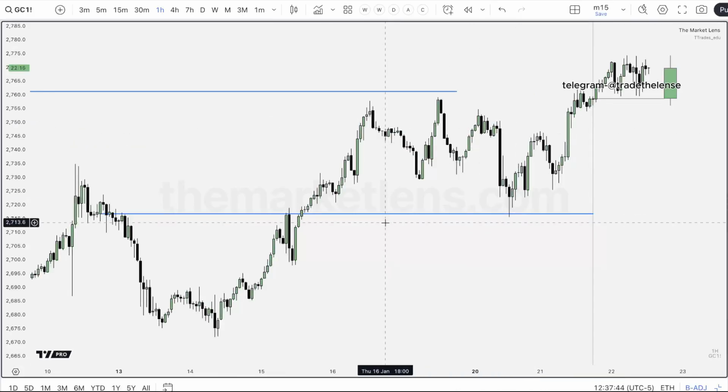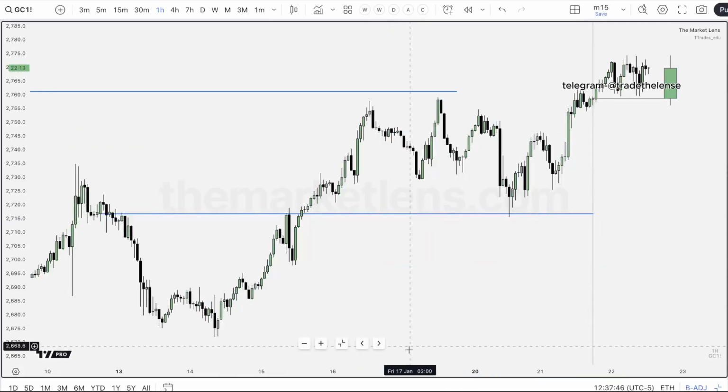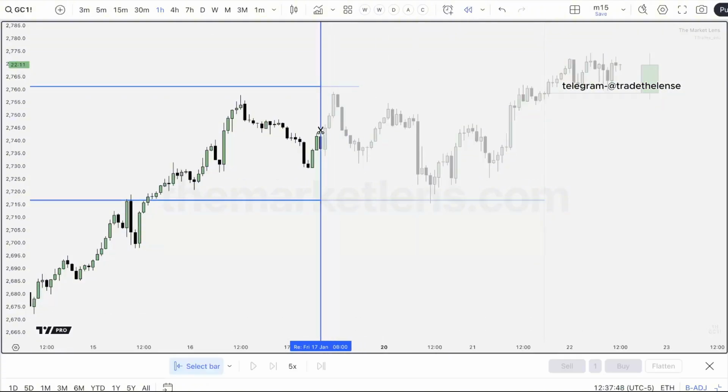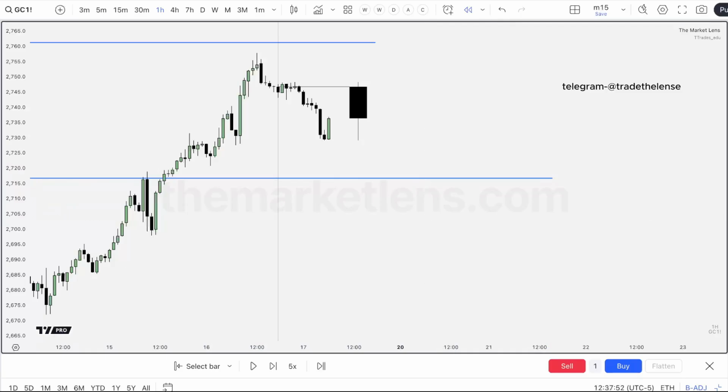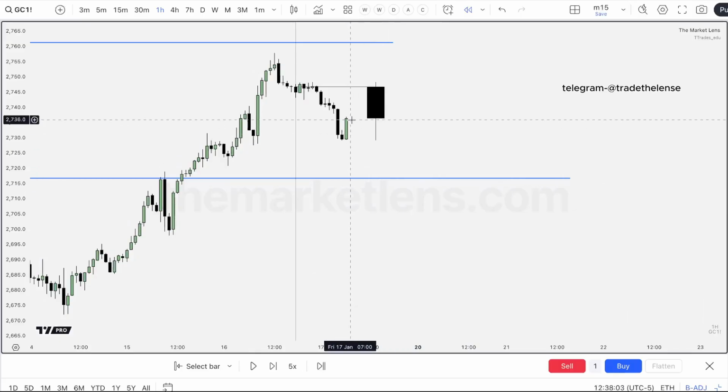Friday. So you're entering in here. Let's see. So yeah, I can talk about this. So you're trying to trade, I'm assuming, this next candle.